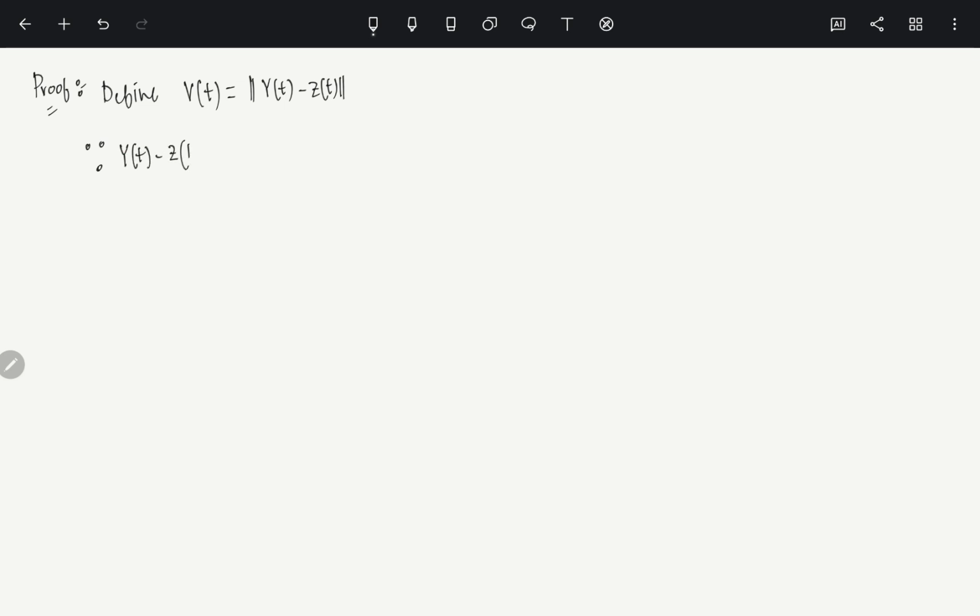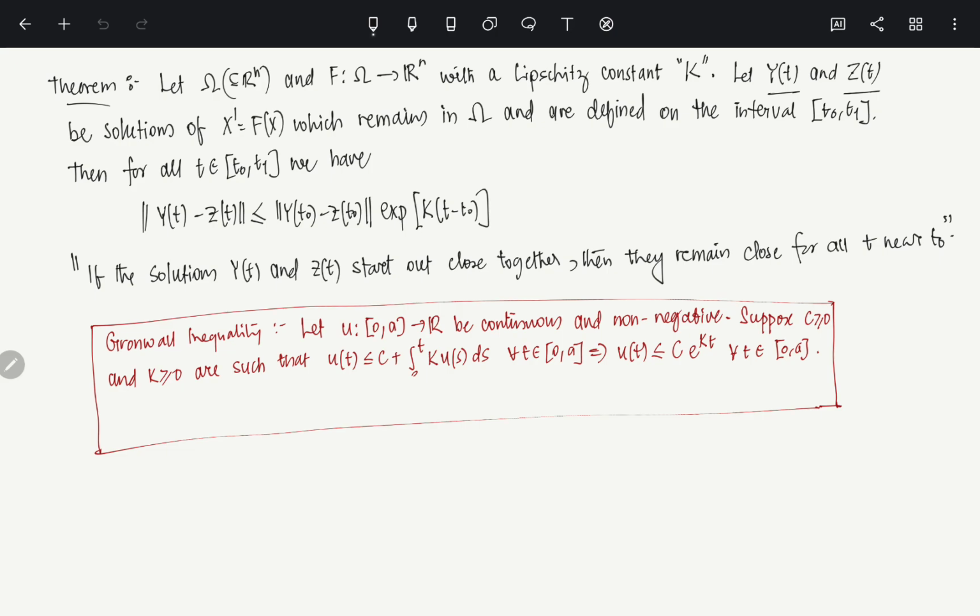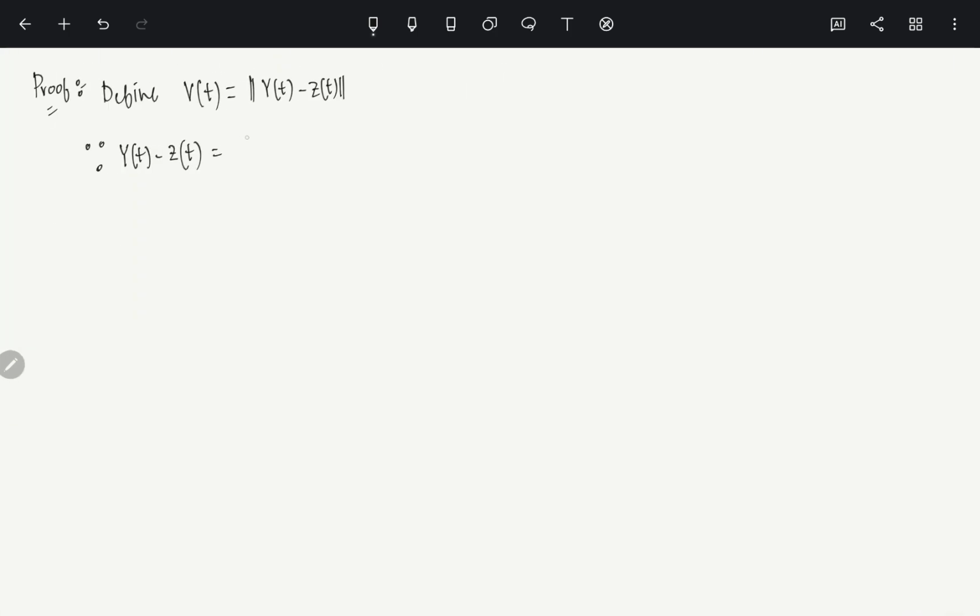Now y(t) and z(t) are the solutions of the problem x prime equals f of x, so they also satisfy the corresponding integral equations. y(t) is given by y(t0) plus the integral from t0 to t of f(y(s)) ds, and z(t) is given by z(t0) plus the integral from t0 to t of f(z(s)) ds.